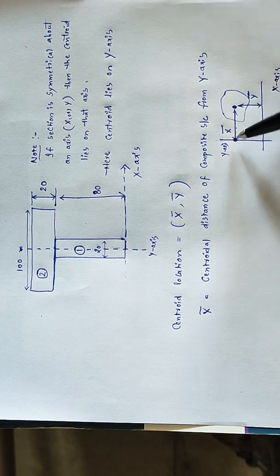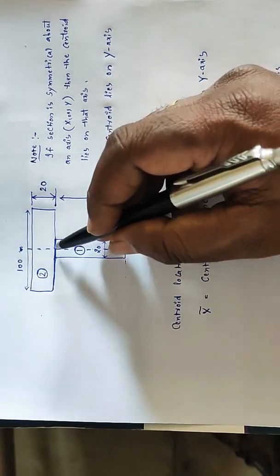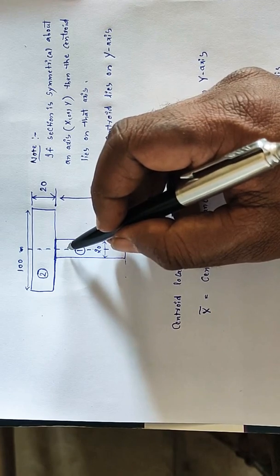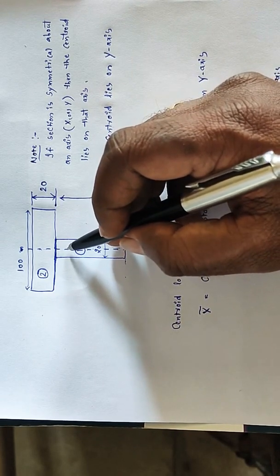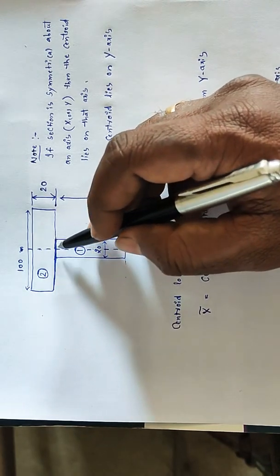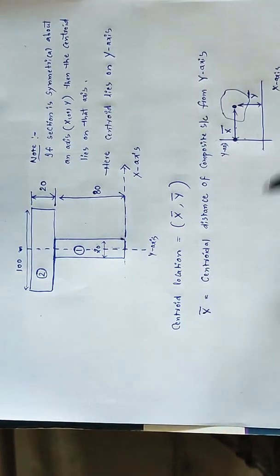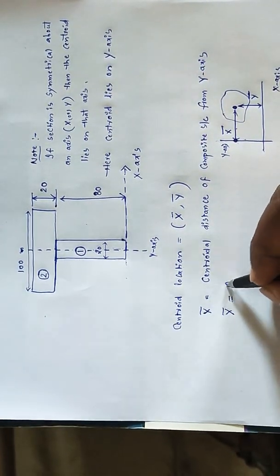X bar is 0, because the centroid is lying on the y-axis. The distance measured from the y-axis to the centroid is 0, because the point lies on the axis. So here x bar is 0.